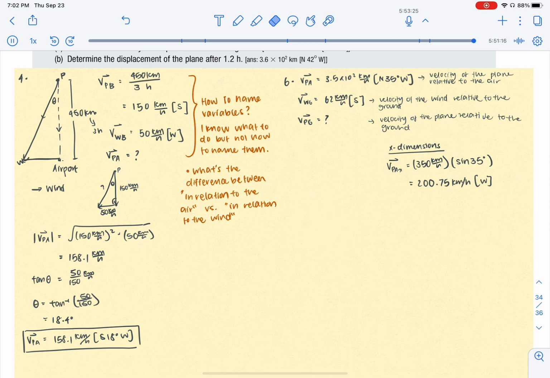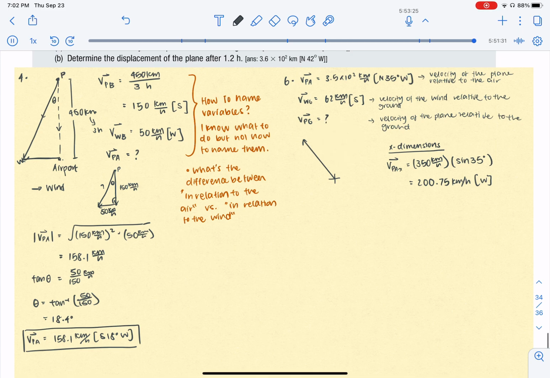The component method, since we don't have any right angle triangle like we did with the last lecture. You have to use the component method. Each vector breaks itself into components to be right angle triangles.